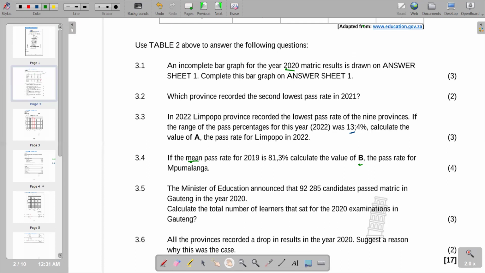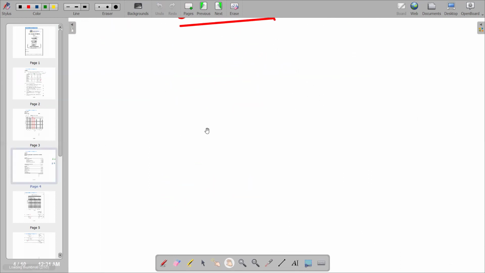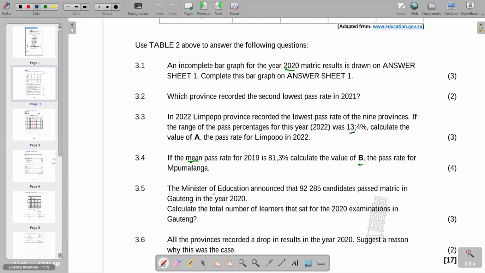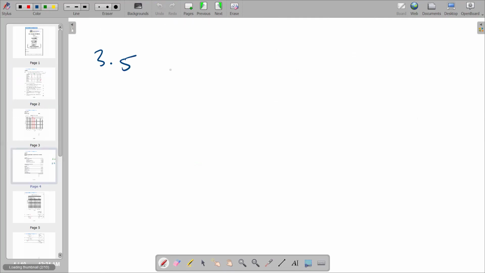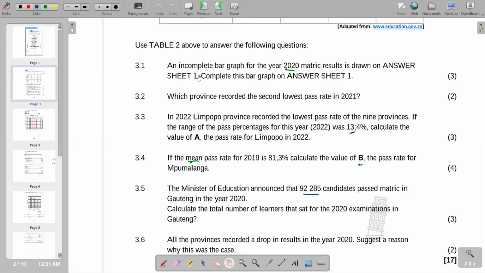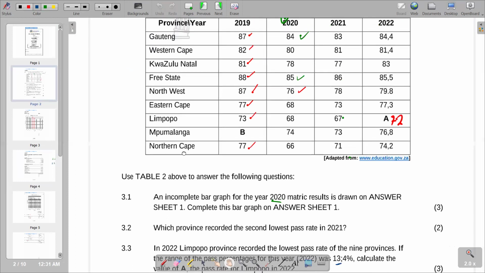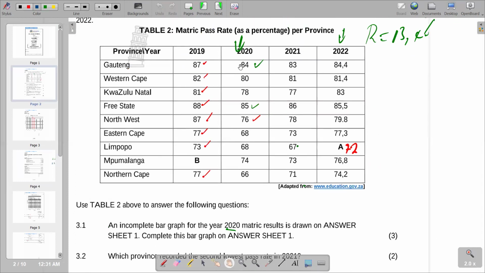Coming to your answer section, you're going to say this becomes your 3.5. So we are saying the number of students who are said to have passed, 92,285, is equal to the percentage that we are given, which is 84%.